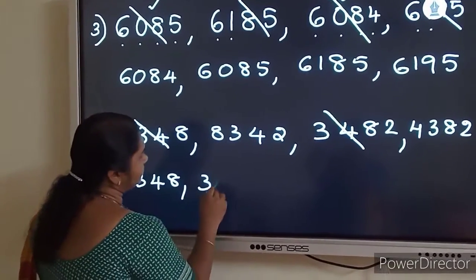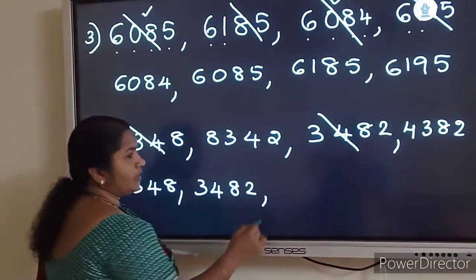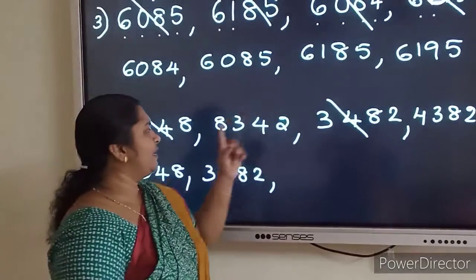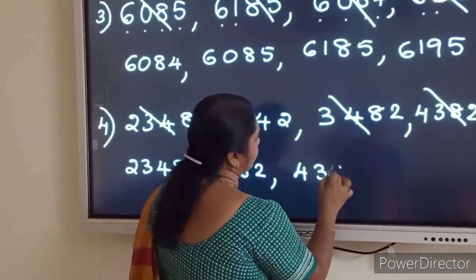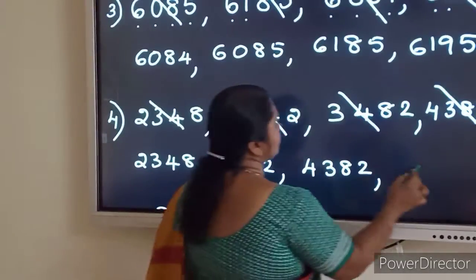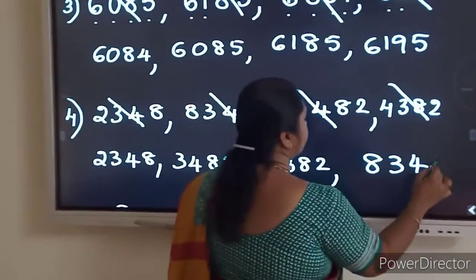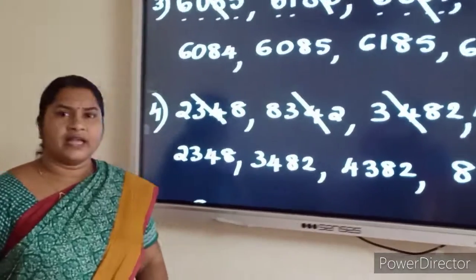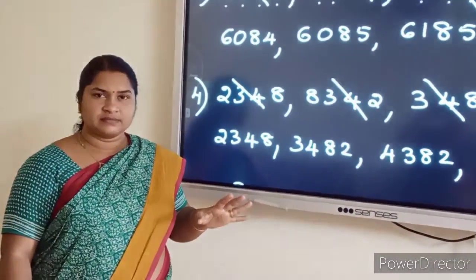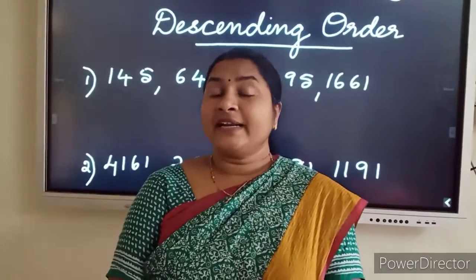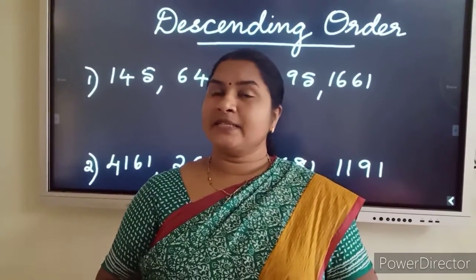Yes. We have only 2 more. Yes, this next one. And the last one is, I think ascending order is clear for you. Yes? Is that clear, children, how to arrange the numbers in ascending order?